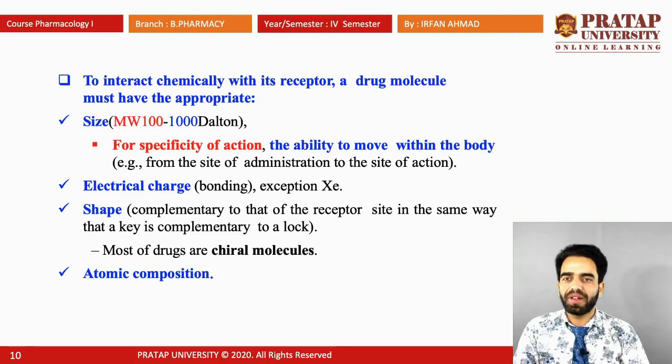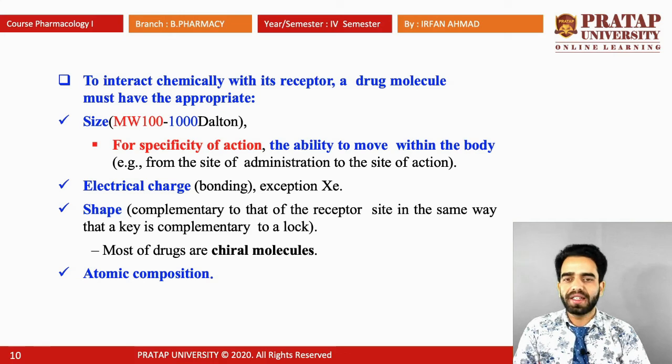To interact chemically with the receptor, a drug molecule must have specific properties. Its size must be between 100 to 1000 Dalton, meaning the molecular weight of the drug must be between 100 and 1000 Dalton. Only then can it specifically combine and interact with its receptor.